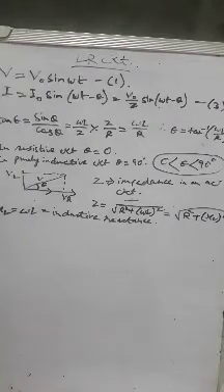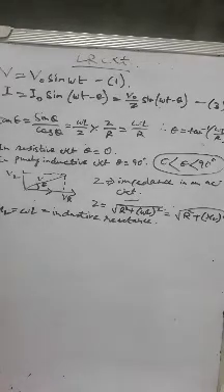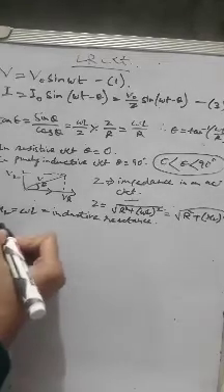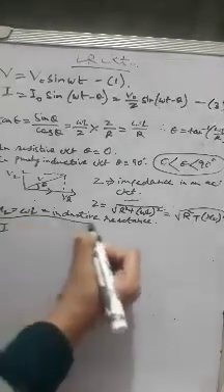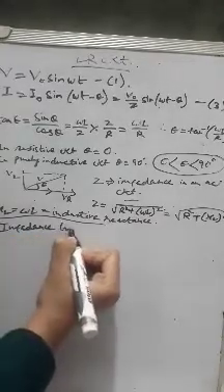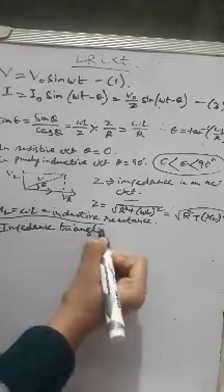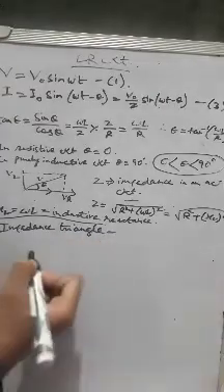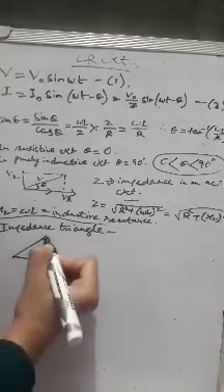So nearly we have completed the two conclusions. Now students, one short question can come: what is the impedance triangle and how to represent it? I am putting the impedance triangle, how you can draw it. The impedance triangle looks like this.